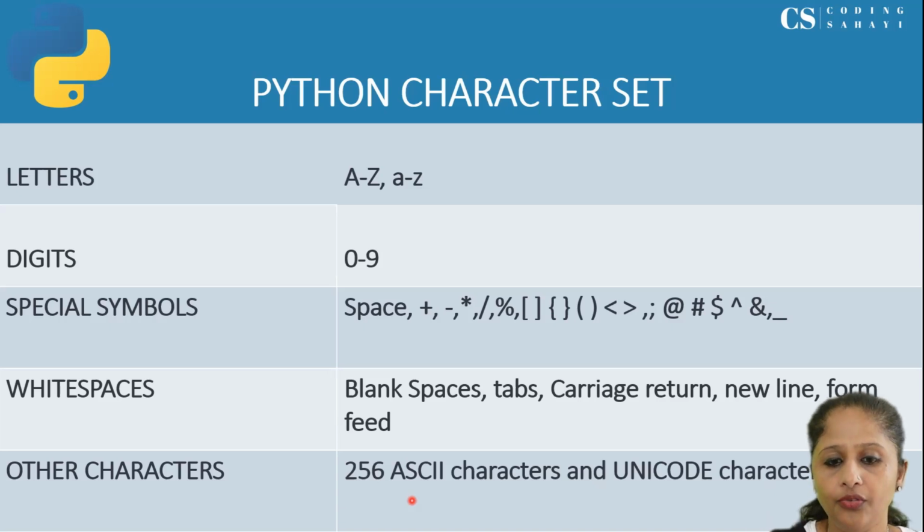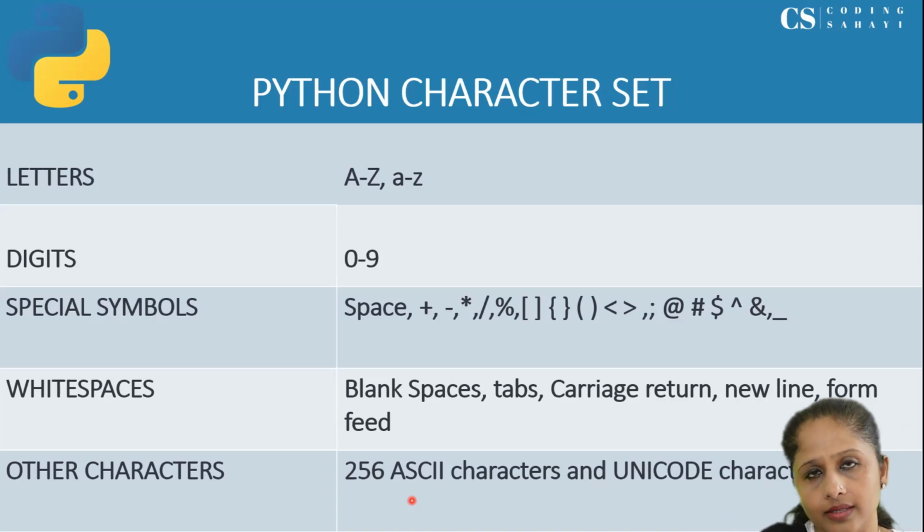For this conversion, we need a code. So that is our ASCII code. So for every letter from capital A to Z, small a to z, and for digits and all the symbols, there are some ASCII characters. Same way we have Unicode characters also. So this is our Python character set.